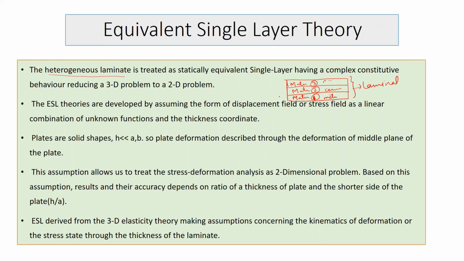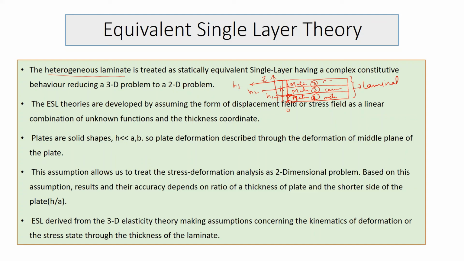Along the thickness direction, suppose we assume this as Z, and the total height is H. In the Z direction, from 0 to H1 the material properties are the same, that is, homogeneous. Then from H1 to H2 the material properties are different, and again from H2 to H3 they are different.